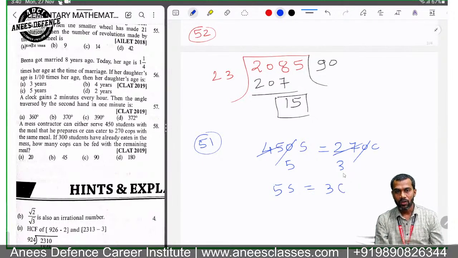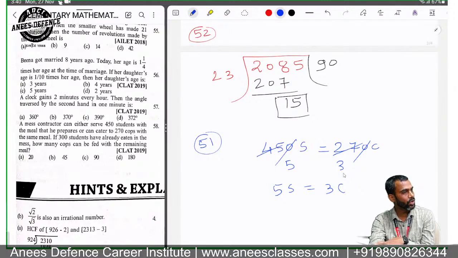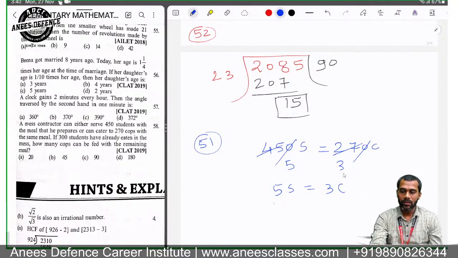Now see, 300 students have already eaten in the mess. So how much food is left now for 150 students? We need to find out 150 students is equal to how many cops. So in this equation, we just multiply the whole equation by 30. If 5S is equal to 3C, then 150S is equal to 90C.